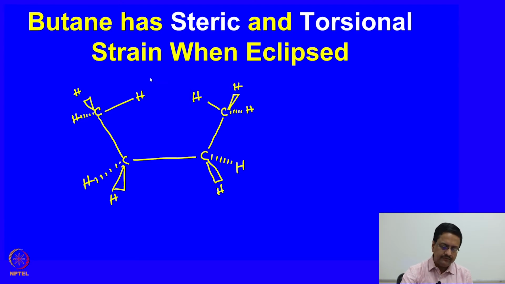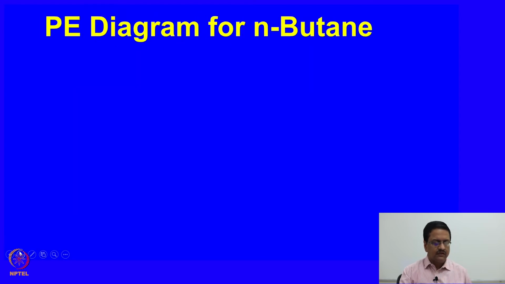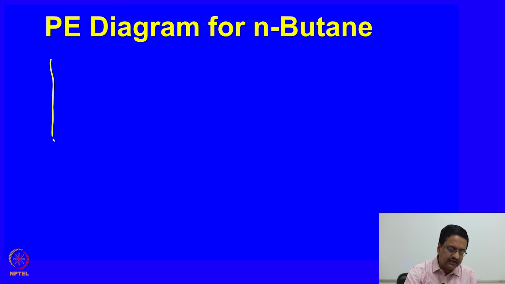So what we have is a steric strain when these two are eclipsed, and that results in a larger energy for that particular fully eclipsed conformation. So when we try to draw the potential energy diagram of n-butane, we need to remember those different energies for various conformations and what appears at what torsional angle.